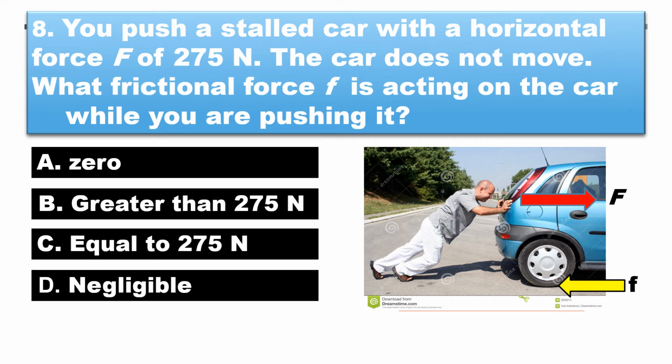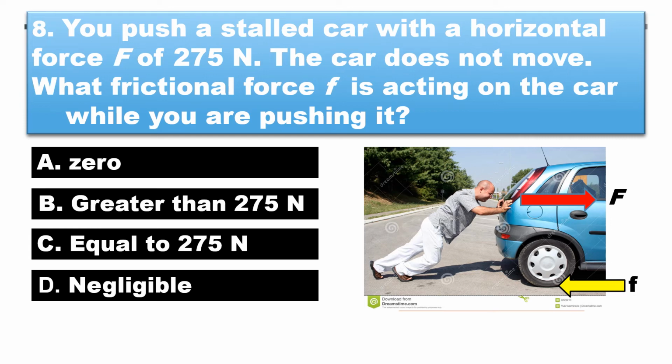Is it letter A, the force of friction is 0? Or is it letter B, greater than 275 newtons? Or is it letter C, equal to 275 newtons? Or could it be that there is a very negligible amount of force of friction, in letter D? Alright, so what is the best answer?